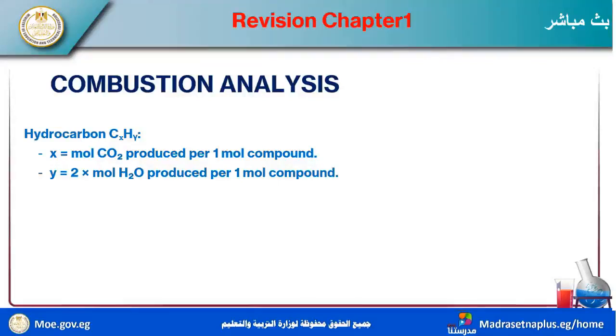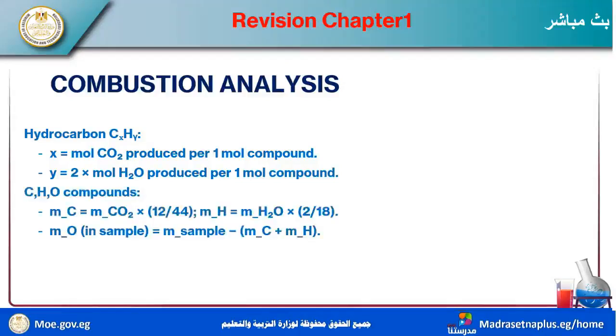When any hydrocarbon is combusted in air, it produces CO2 and H2O. If you know the number of moles of H2O, you can predict the number of moles of hydrogen, and you can predict the number of moles of carbon by using the number of moles of carbon dioxide.